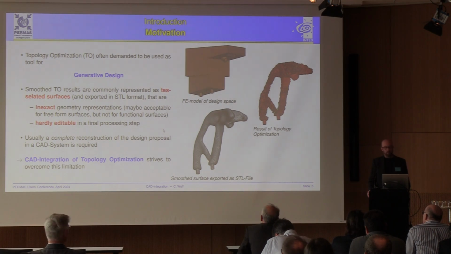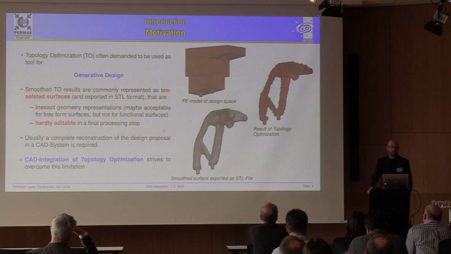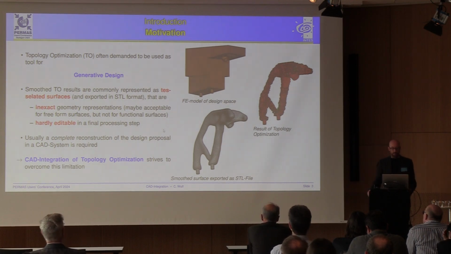The next drawback, also very important, is that a surface geometry representation by a huge number of triangles is hardly editable in a final processing step. This leads to the necessity that after topology optimization, usually a design engineer needs to do a complete reconstruction of the design proposal in his CAD system.